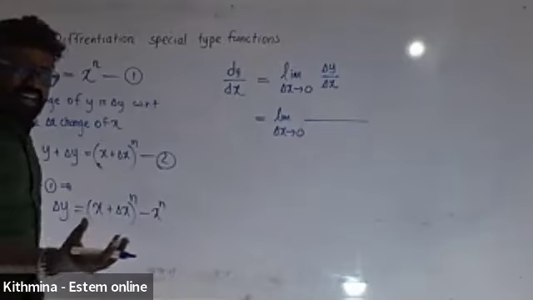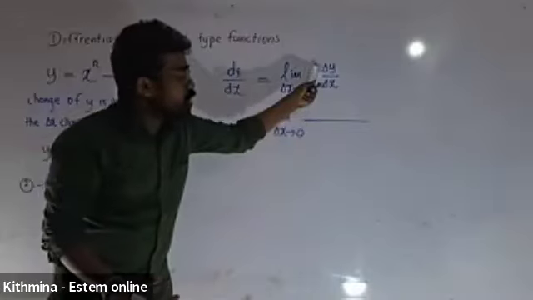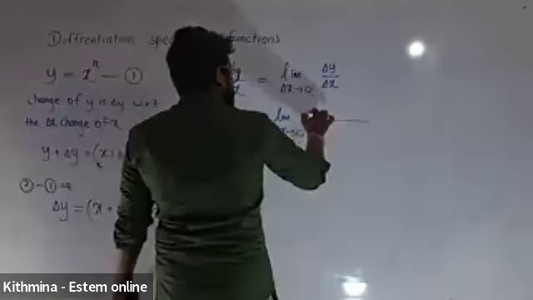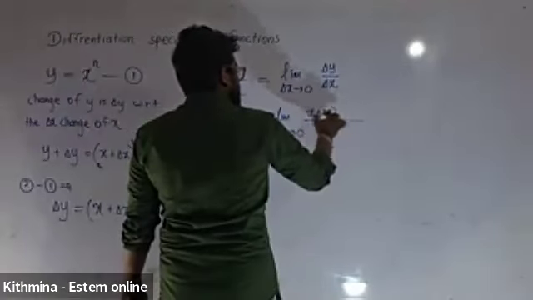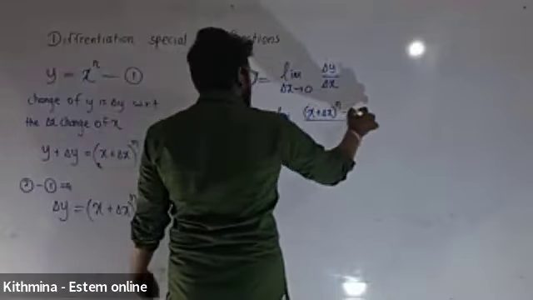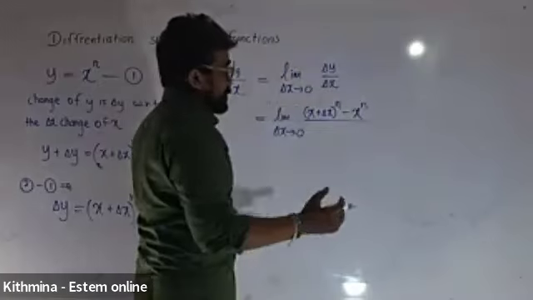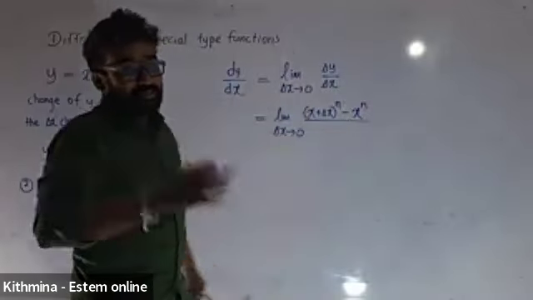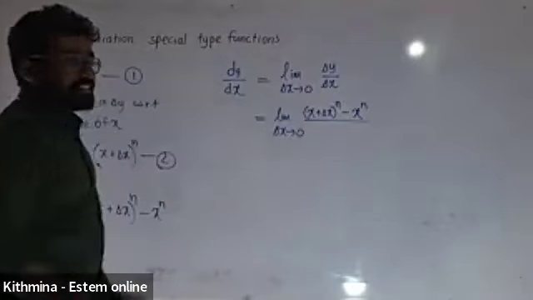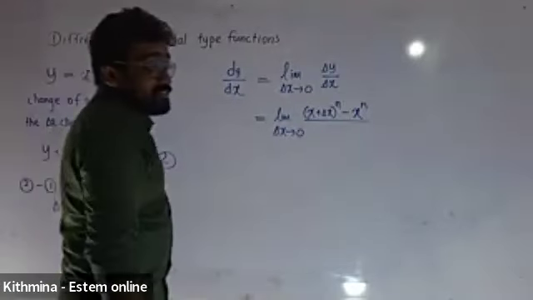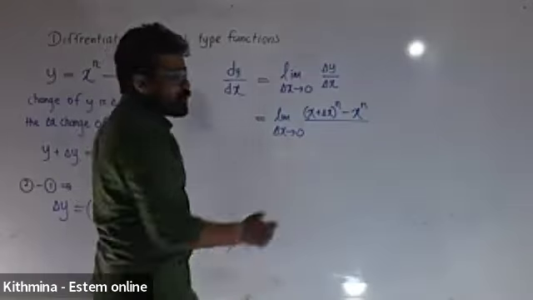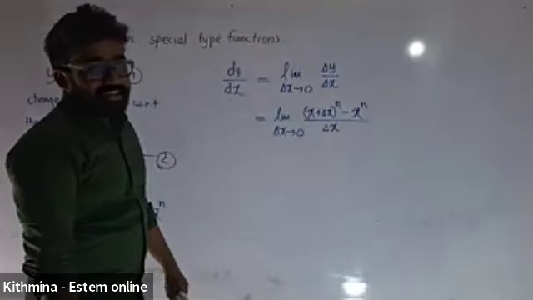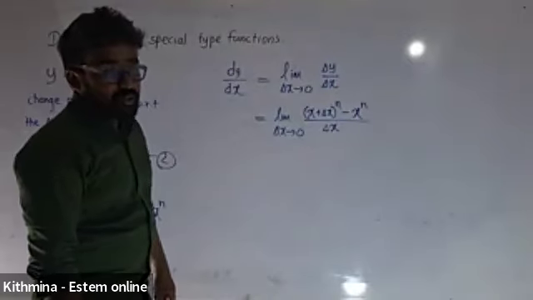Only the chance to substitute for delta y: (x plus delta x) to the power n minus x to the power n. So we can't get the difference of two squares here. It will be very difficult. We should put delta x, no options. This is the smart trick that we should use here.